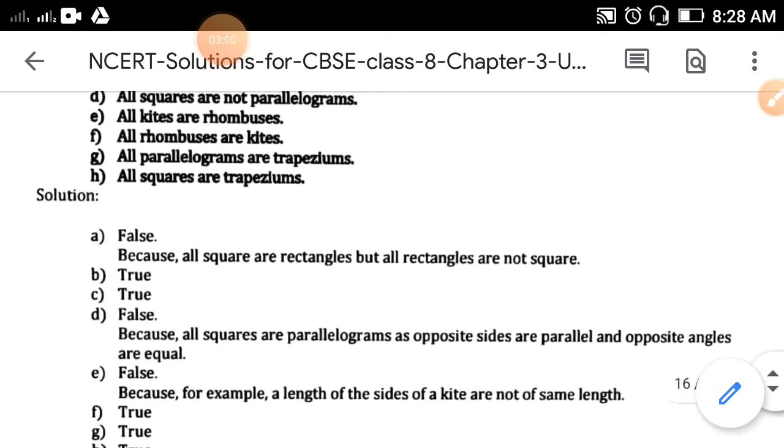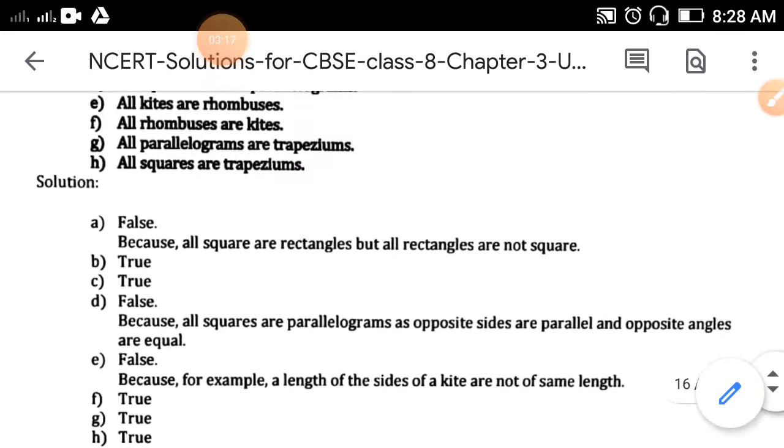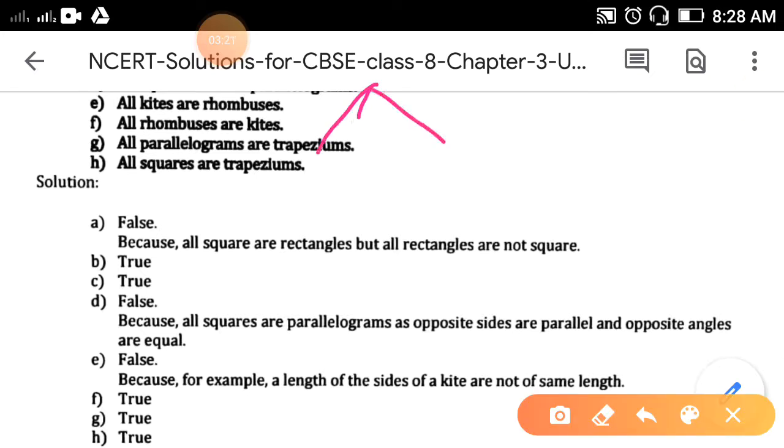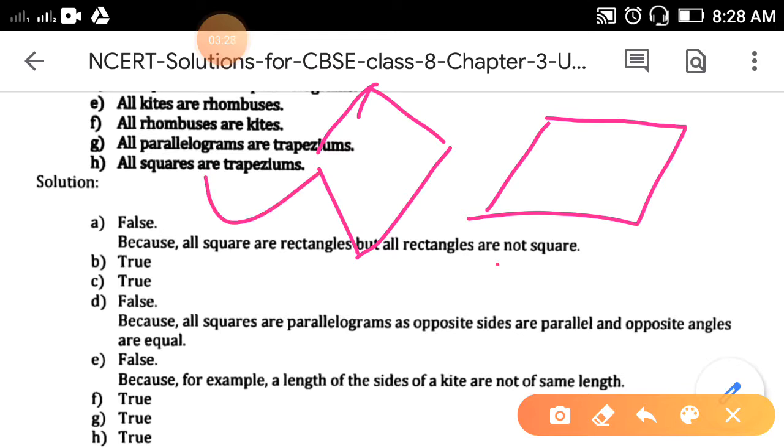F, all rhombuses are kites. What was E? All kites are rhombuses, and F, all rhombuses are kites. So here it is a kite and here it is a rhombus. E is false, and F is true. This kite cannot be a rhombus, because in a kite the lengths of the sides are different.